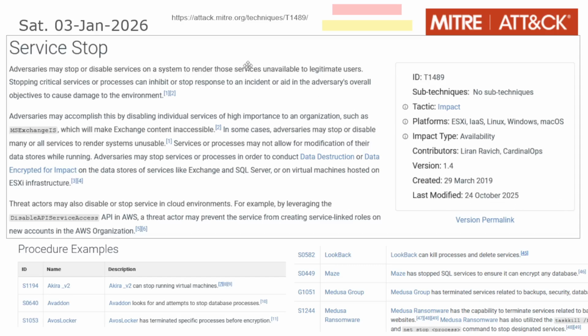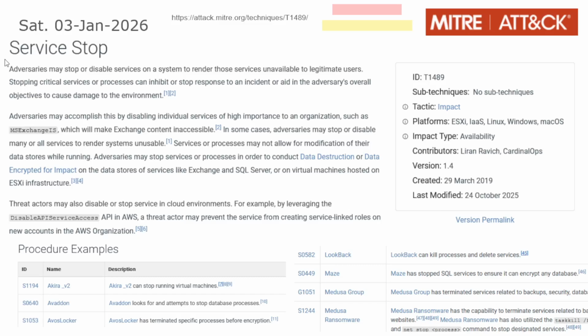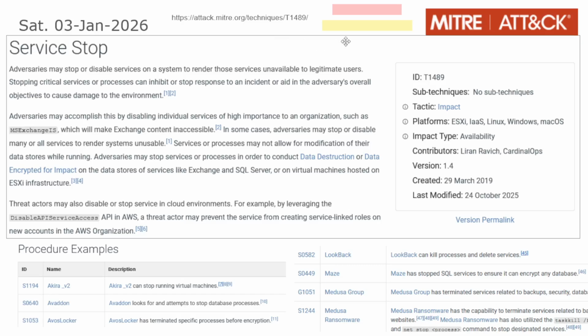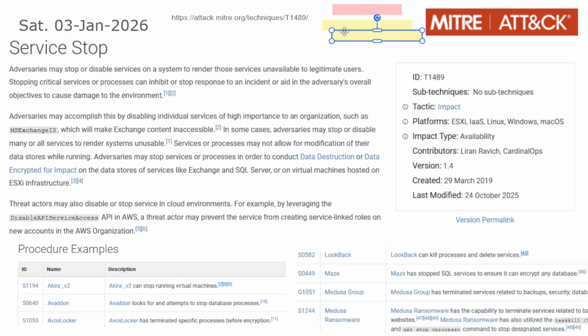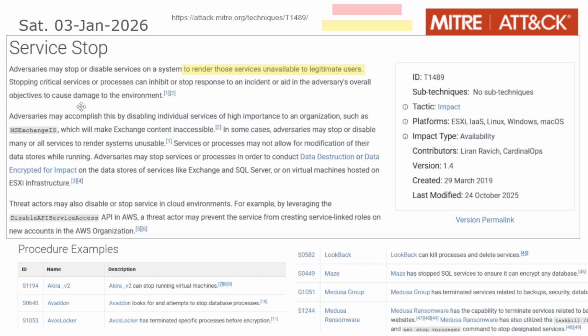So let's see what they say. Adversaries may stop or disable services on a system to render those services unavailable for legitimate users. So to render we have the what, so legitimate users shall not use the services, and then stopping critical services or processes can inhibit or stop response to an incident or aid in the adversary's overall objective to cause damage to the environment.